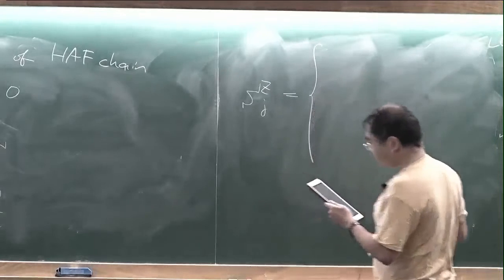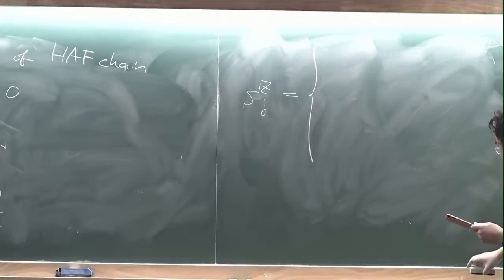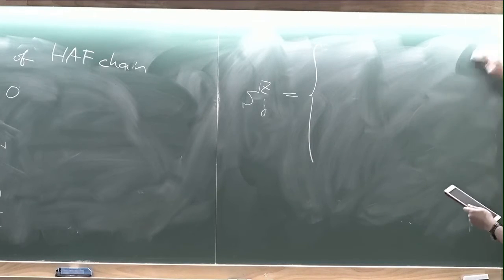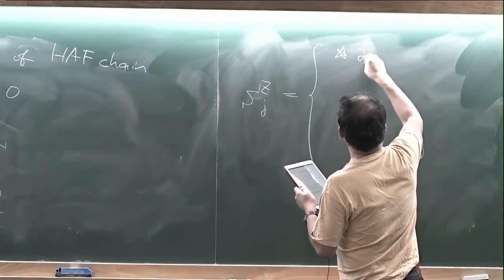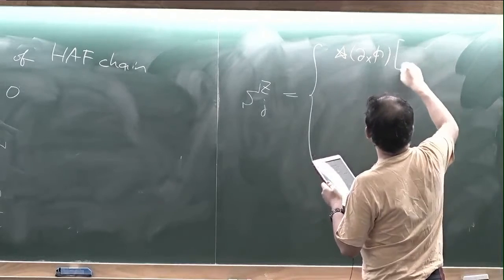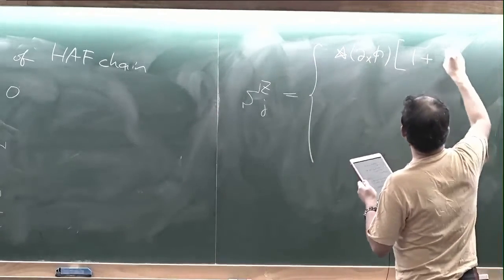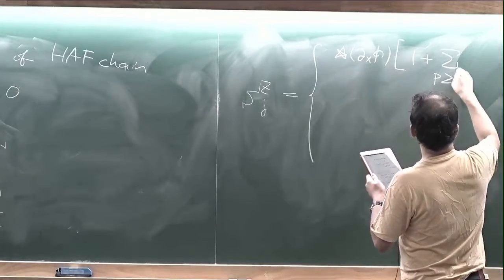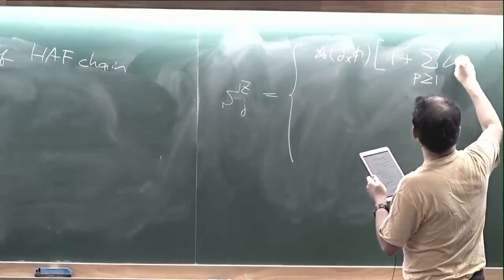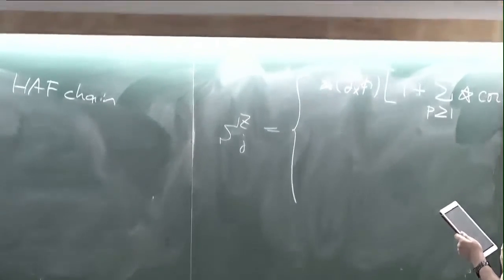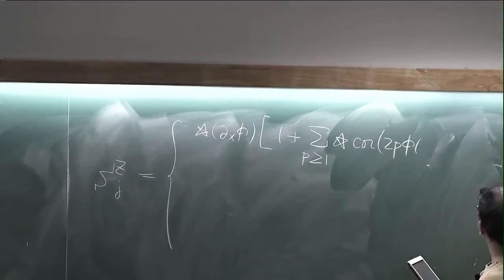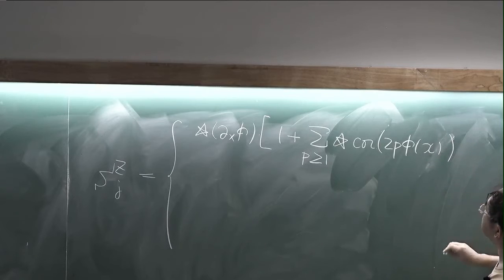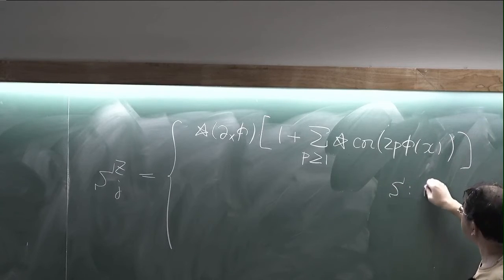You have a somewhat different expression depending on whether the spin is integer or half-integer. So for integer spin, you have the derivative of phi, dx phi, times 1 plus, p a natural number, times some coefficient which we don't care about, cosine of 2p phi of x. And this is for integer spin.